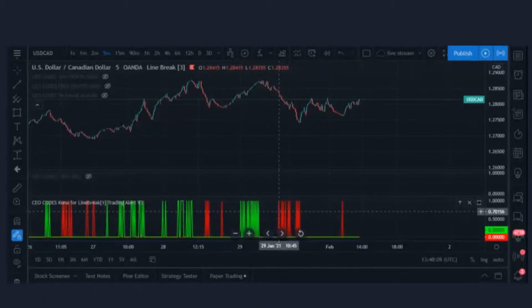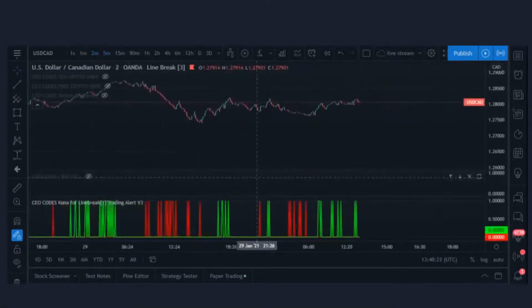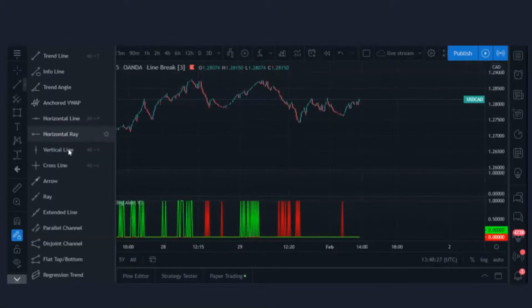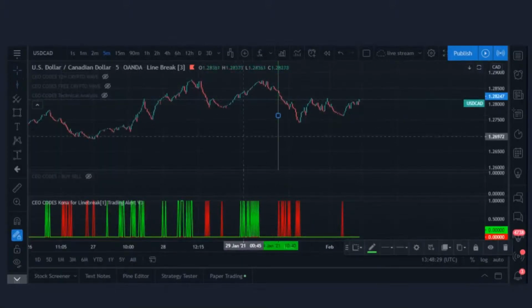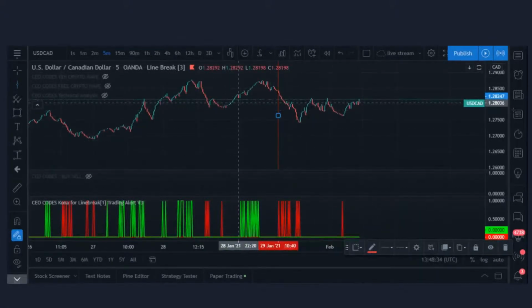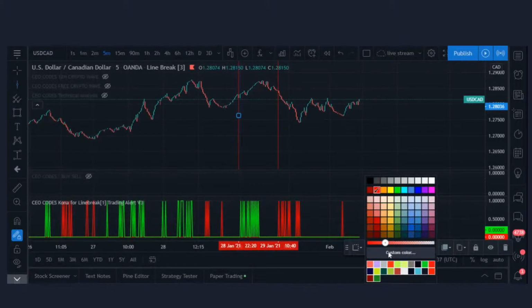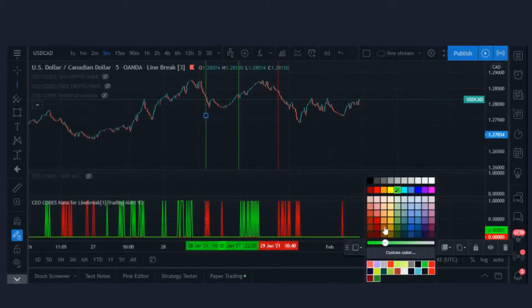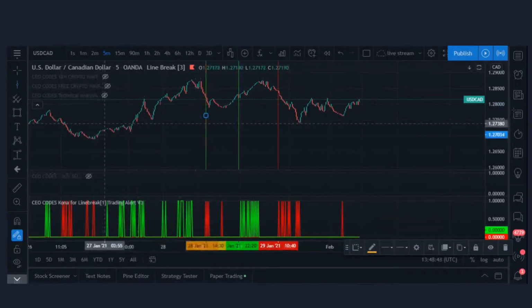I'm using it for the line break and it does not repaint at all. So look with me here. Small chart or big chart or whatever, if I mark it here, I say it does not repaint. Let's say the short here, and then long here, short again, then the long here.